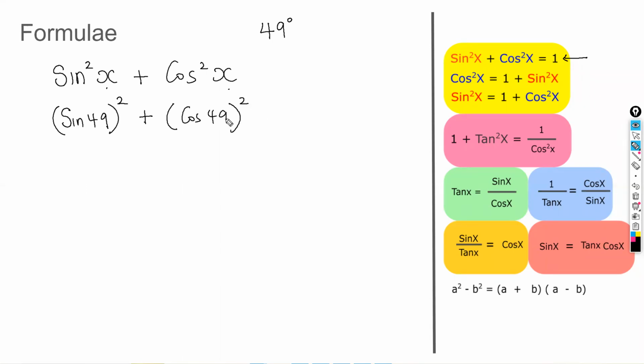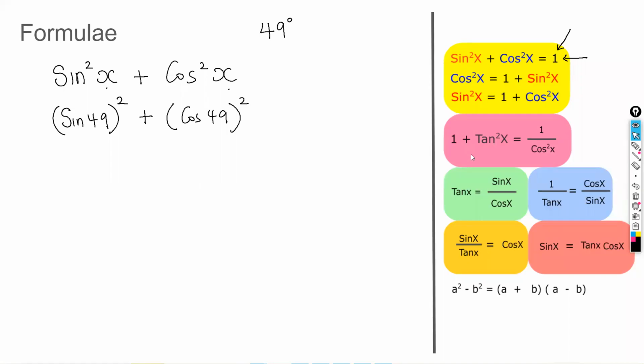Type that in on your calculator and tell me if you get exactly 1. You're always supposed to get 1, no matter what angle you choose. But type it in and prove it to yourself. It's important that you build confidence in yourself that the formula is true. Right, so I'll wait on everyone to reply.